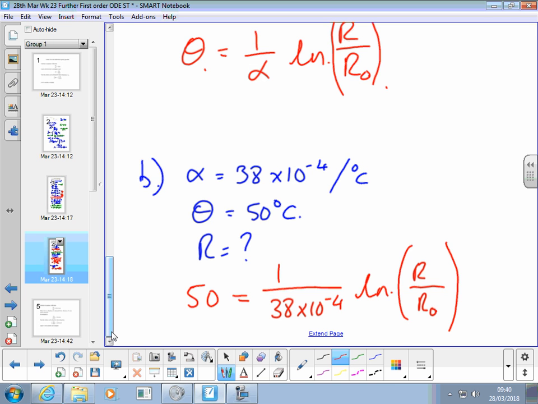We've got a value for R0 as well here somewhere, haven't we? 24, yeah. And R0 is equal to 24.